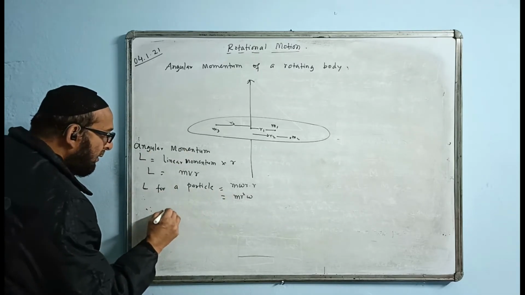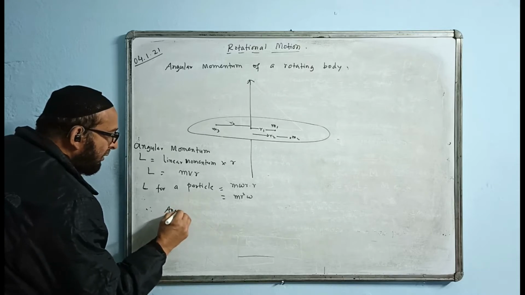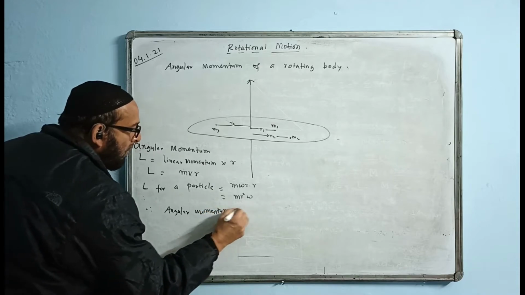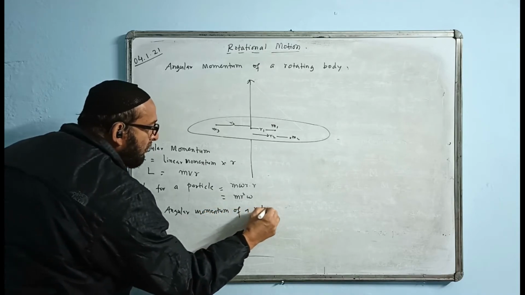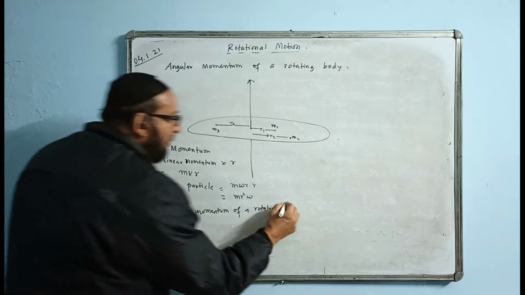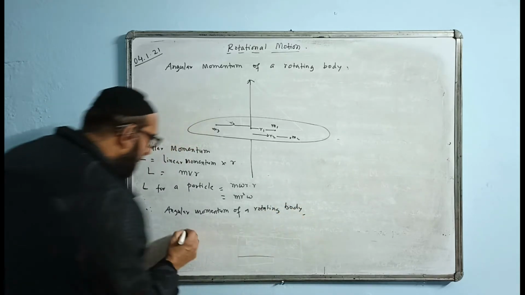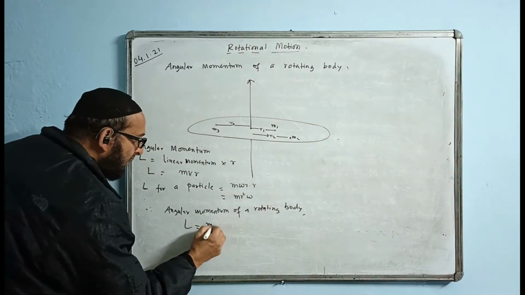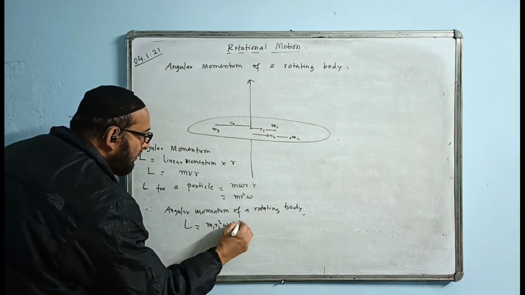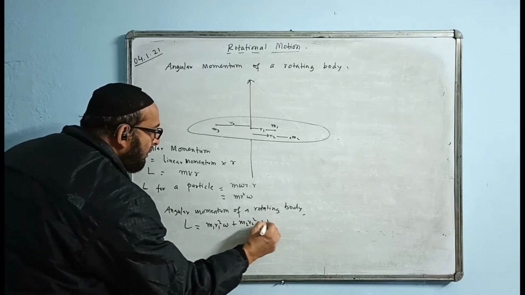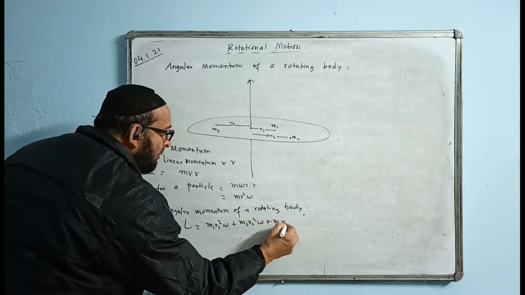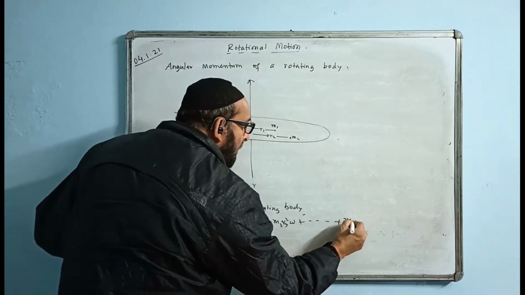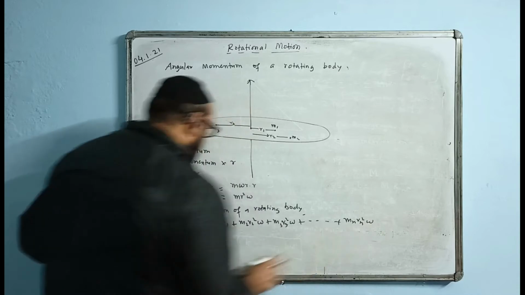Therefore, we write here angular momentum of the rotating body, of the entire body, is angular momentum L. So we will be doing like this: m1 r1 square omega, m2 r2 square omega, m3 r3 square omega, so on. Last value will come mn rn square omega.